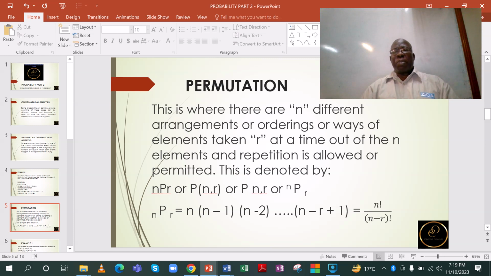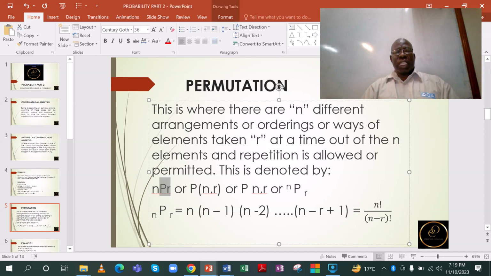When we talk about a permutation, you can find it denoted in different literature either as nPr, showing that this is the permutation arrangement, or in this form, P(n, r), which again means the same, a permutation arrangement.